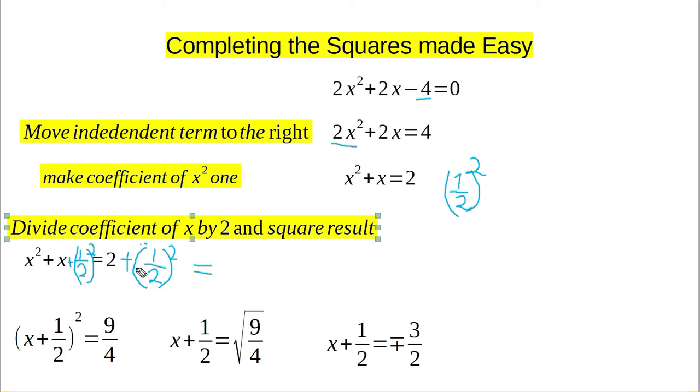Let's look at 2 plus (1/2) squared. First of all, let's open it. 2 is the same as 2 over 1, and then we have plus (1/2) squared, so we have 1 over 4.